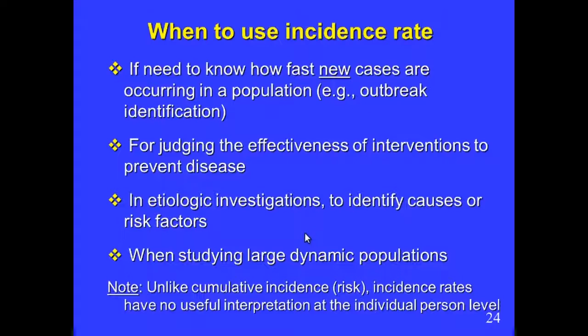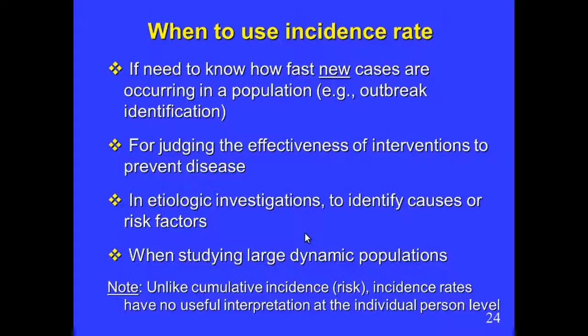And also many epidemiologists like incidence rate because it turns out to be useful in etiologic investigations. So etiologic investigations are studies which are attempting to identify risk factors or causes for disease. And finally, incidence rate is very useful when we're investigating disease occurrence in large, dynamic populations from which people are coming and going, and when measures of cumulative incidence are very difficult to get because they're just too dynamic.